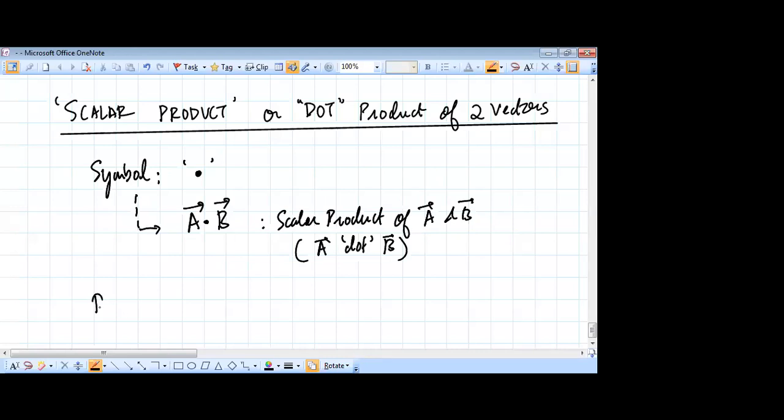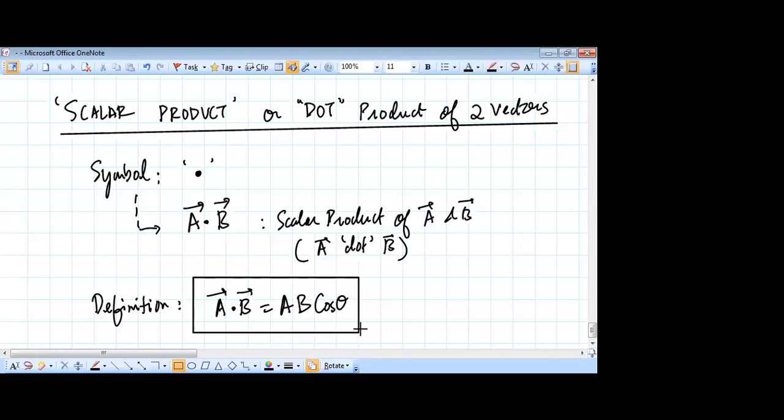नाउ व्हाट इज डेफिनेशन ऑफ स्केलर प्रोडक्ट? Definition इसका होता है that A dot B is equal to magnitude of A multiplied by magnitude of B multiplied by cos theta. This is just a definition. ये definition कहाँ से आया, क्यों आया, that we will discuss later. That is not important for us just now.